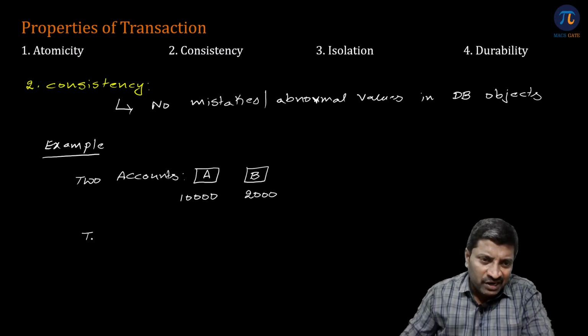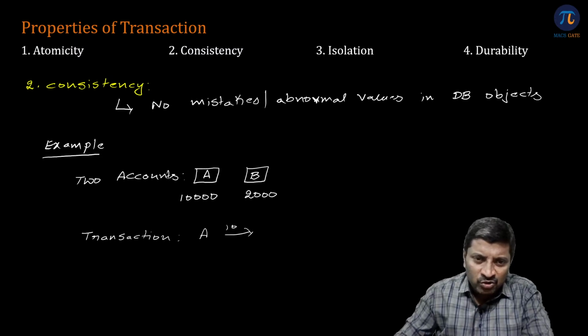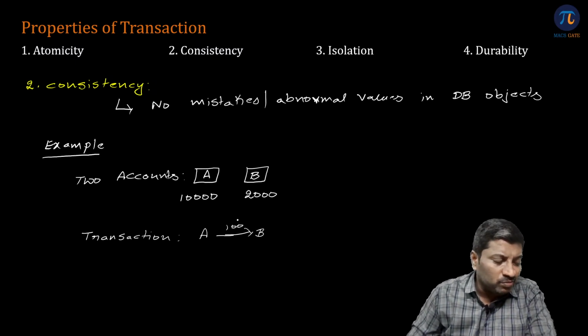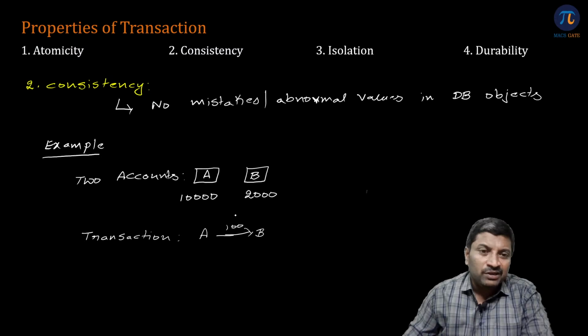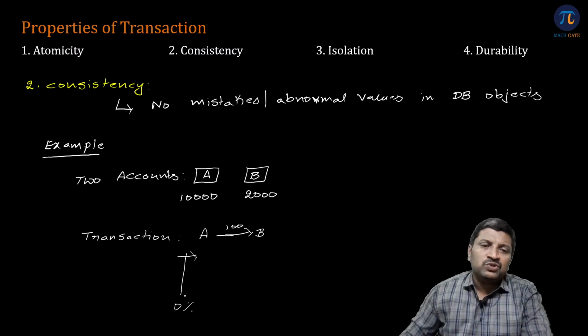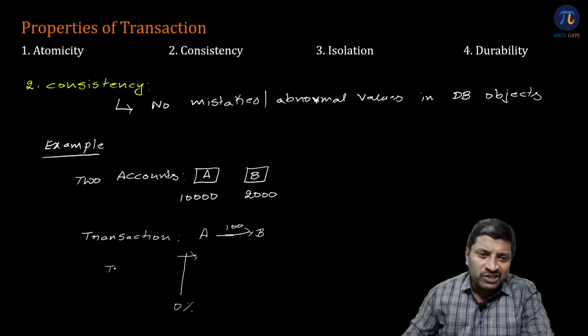Now I have a transaction which transfers 100 rupees from A to B. Before the transaction, that is when it is 0%, what is the total of A and B?